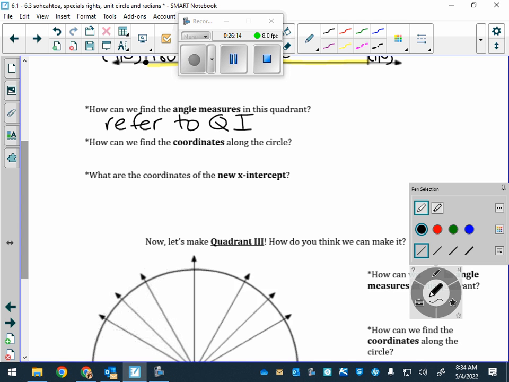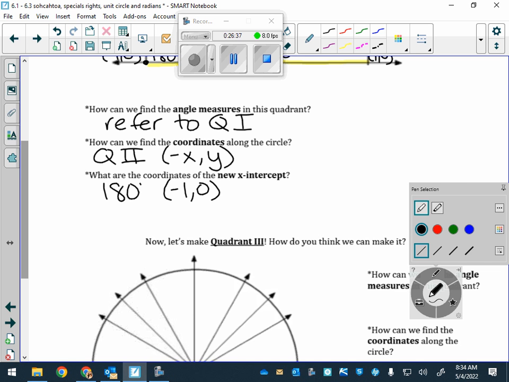In quadrant 2, x is negative, y is positive. Our new x-intercept is at 180 degrees, and that's negative 1, 0.